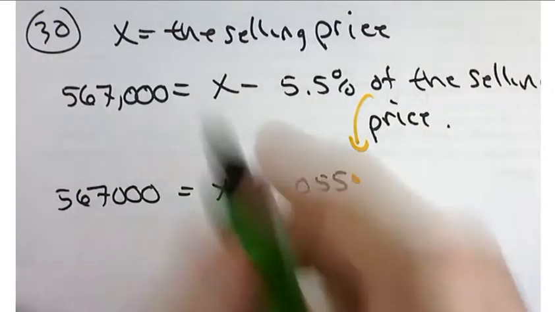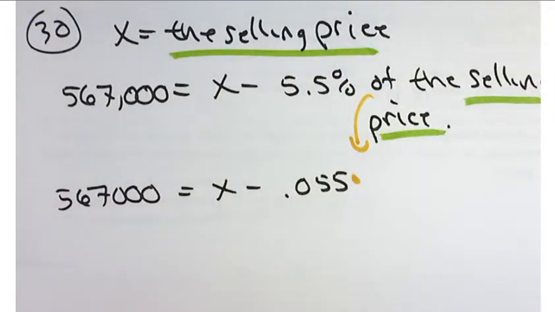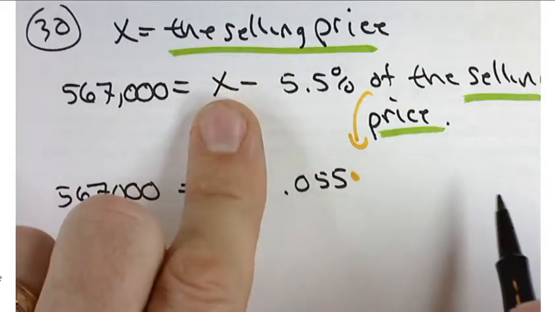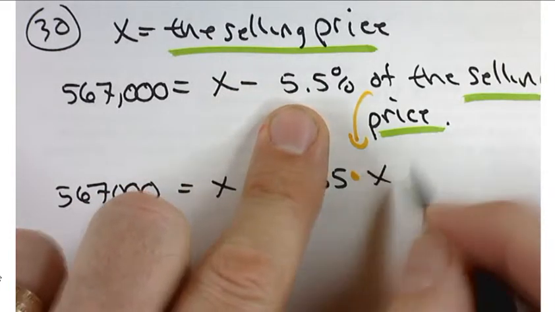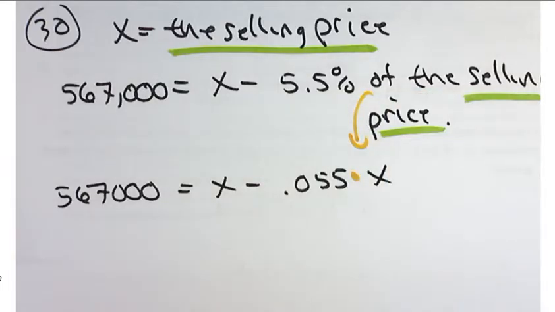Of the selling price. What could I put in for the selling price? X. You see where each piece of this equation is coming from. That's the amount you sell it for, and then you're going to lose 5.5% of what you sell it for. It's such a scam. Oh, it's such a painful thing. But in any case, let's keep going.